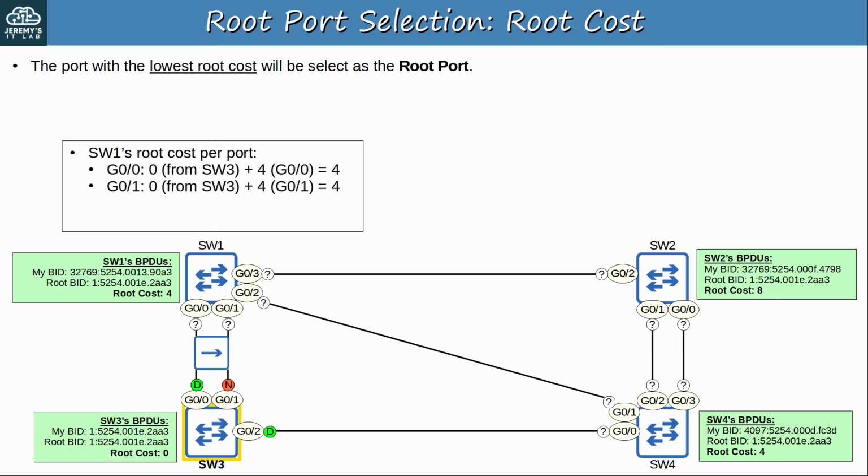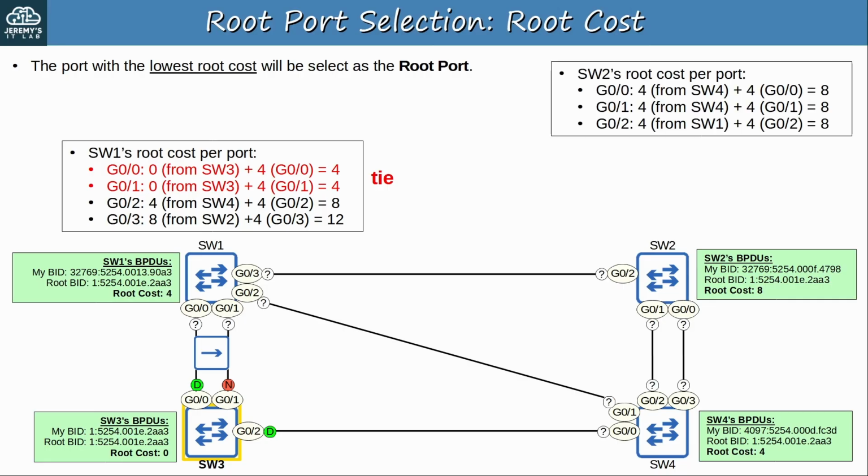The root cost via G0/1 is 4 as well. G0/2's root cost is 8, 4 from switch 4, plus 4 for G0/2 itself. And G0/3's root cost is 12, 8 which it learned from switch 2, plus 4 for G0/3. So G0/0 and G0/1 are tied. Switch 1 can't select a root port yet.